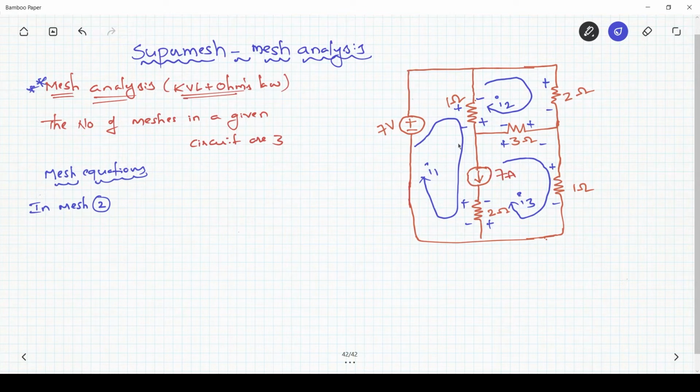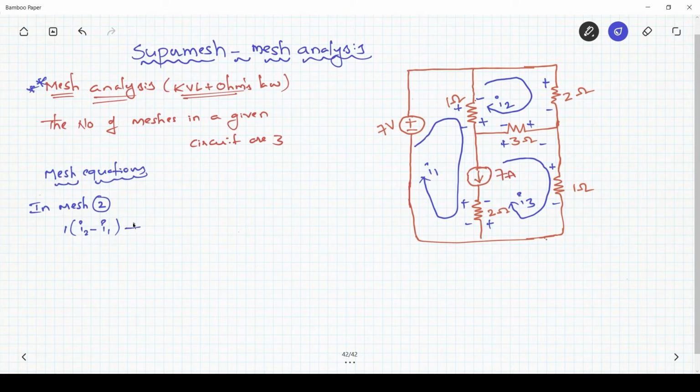So in mesh 2, what is the KVL equation? Here in this 1 ohm element, the voltage is 1 into (I2 minus I1). This is the common element. The 1 ohm is the common element between mesh 2 and mesh 1, so the current is I2 minus I1.